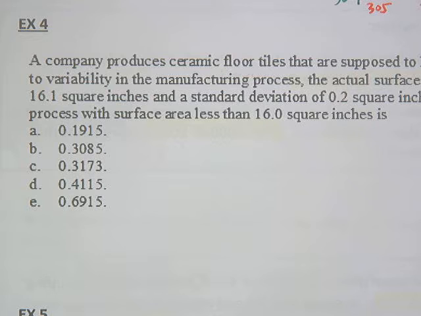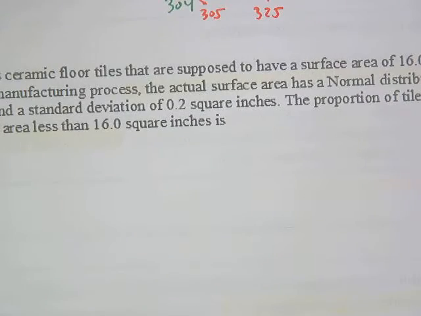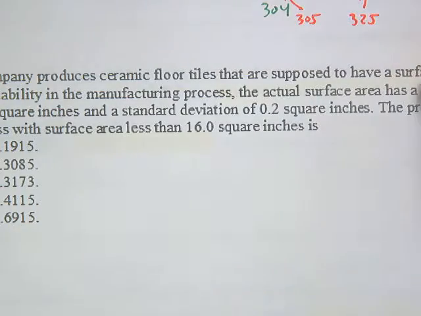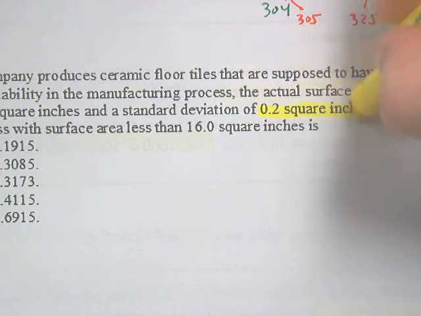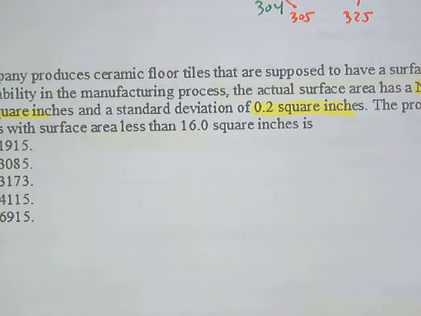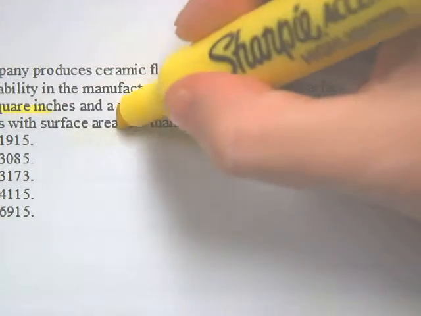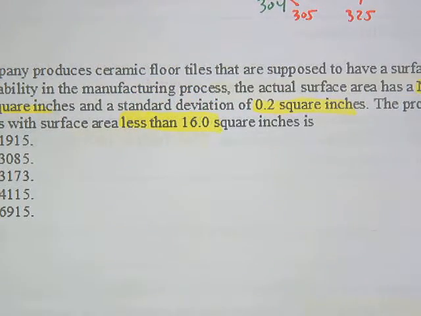Okay, but because of the machinery and some other variables, the actual surface area has a normal distribution with a mean of 16.1. I'm highlighting all of the important things, and a standard deviation of 0.2, and these are in square inches. Find the proportion of tiles produced with surface area less than 16 square inches.